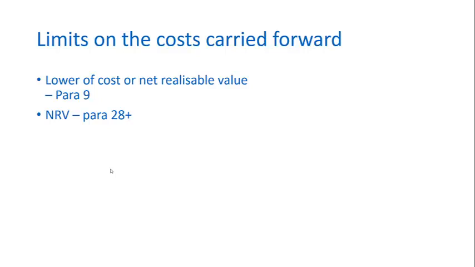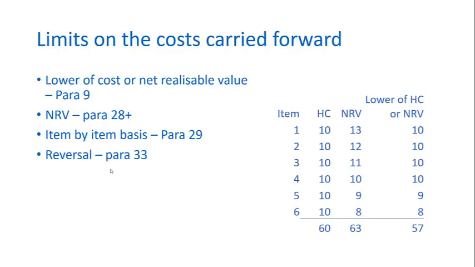So the standard goes into some significant discussion as to what net realizable value means, and we determine this on an item by item basis, paragraph 29, and reversals are possible. When we say item by item, what this means is you don't work it out in total.